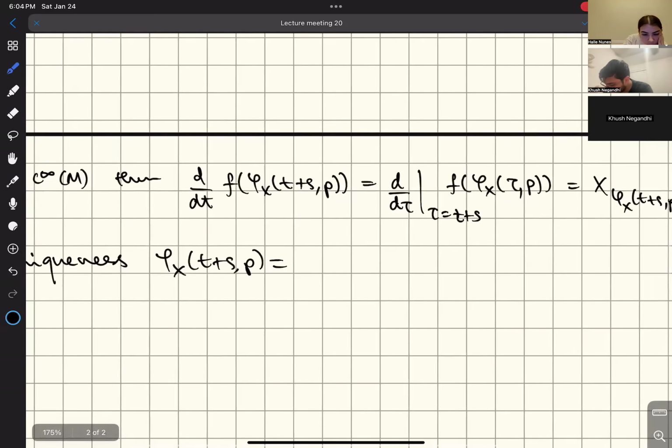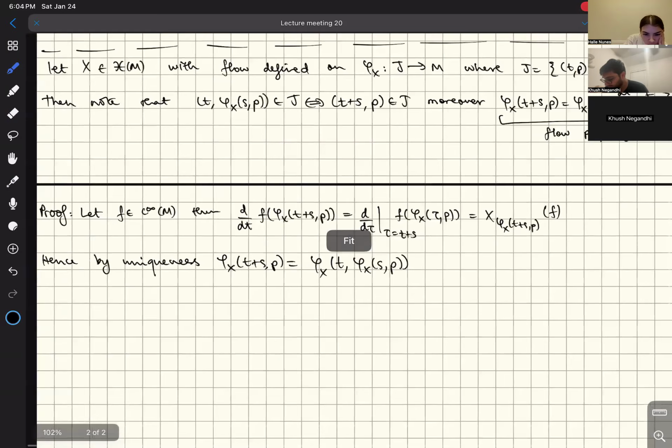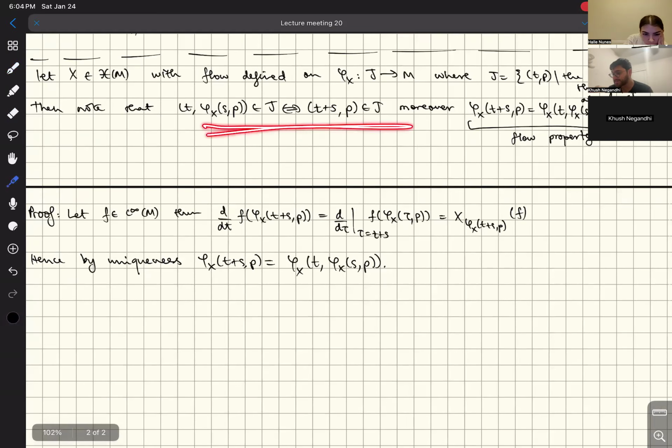So by uniqueness we get this. And then this is the main property, and this fact just holds because this equality holds, and we've just shifted the flow by s. Yeah, so does that make sense?